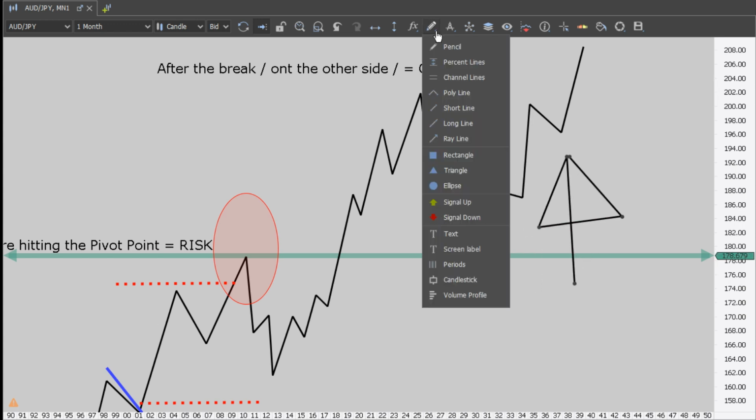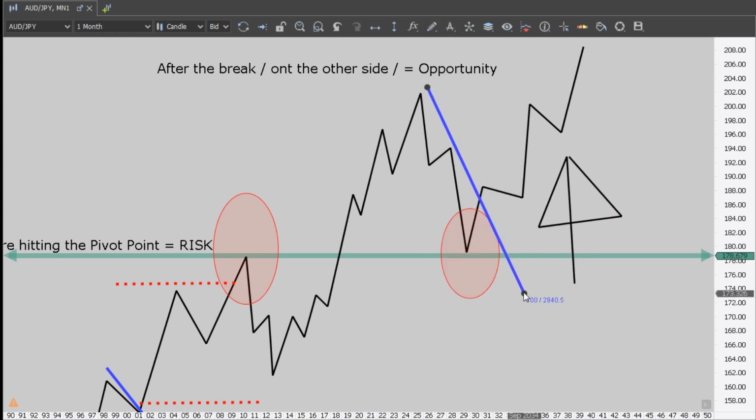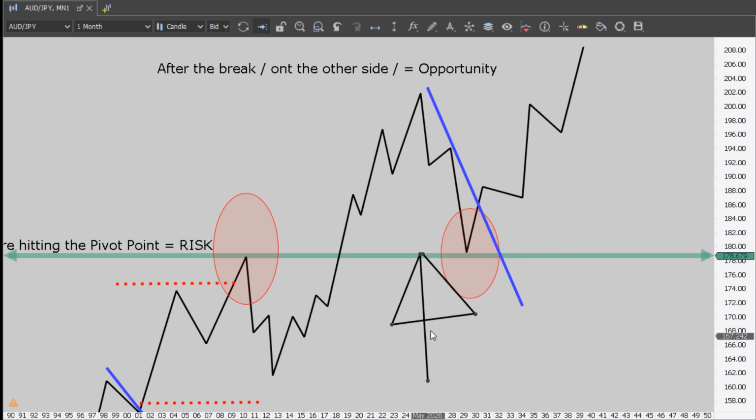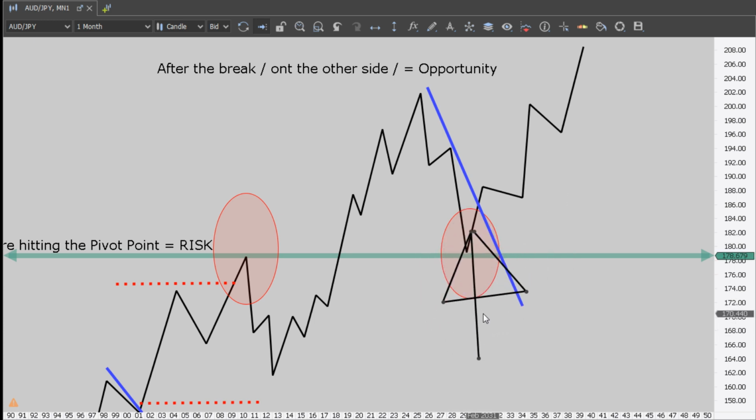And again, we need to think in probabilities. If we have a bullish candlestick formation with the counter trendline break near some pivot point, and we learned this in a past lesson, the more reasons, the more convergences that we have, the greater the probability, the greater the chance.